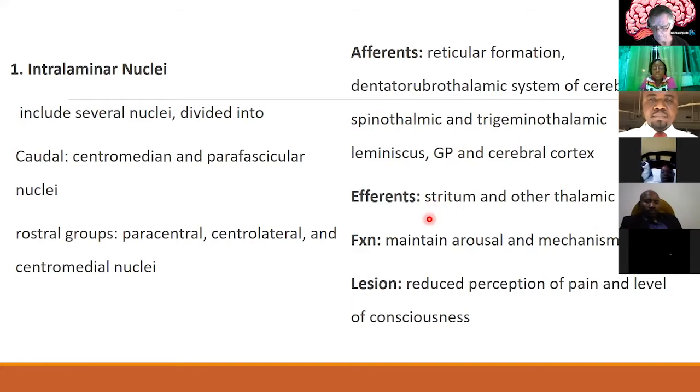Its main function is to maintain arousal and take part in the mechanism of pain. Hence, a lesion of the intralaminar nuclei will lead to a reduced perception of pain and level of consciousness.